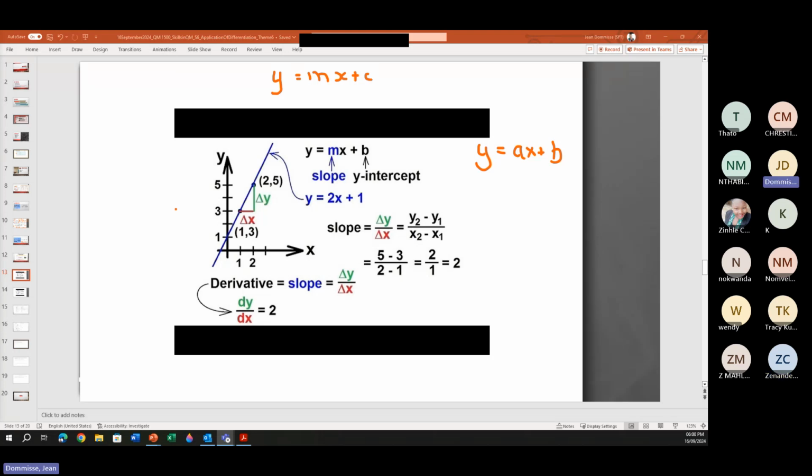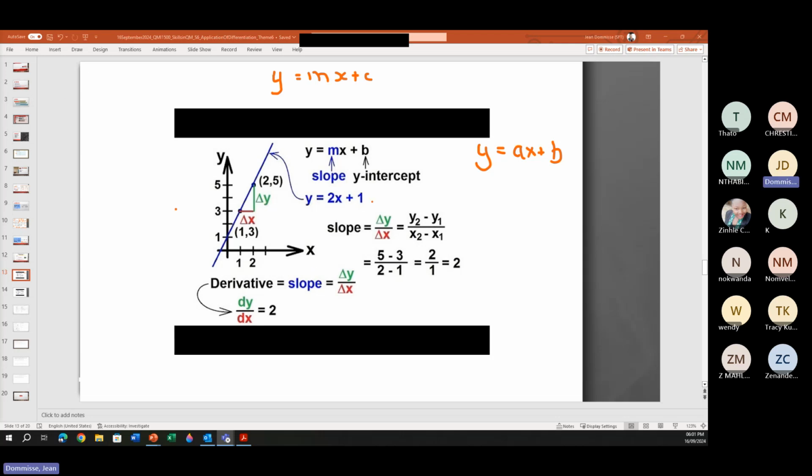So just be aware of it. If you Google or go on YouTube and you're searching for derivatives of a slope or slope and y-intercept, there might be a few different ways that they write the formula.